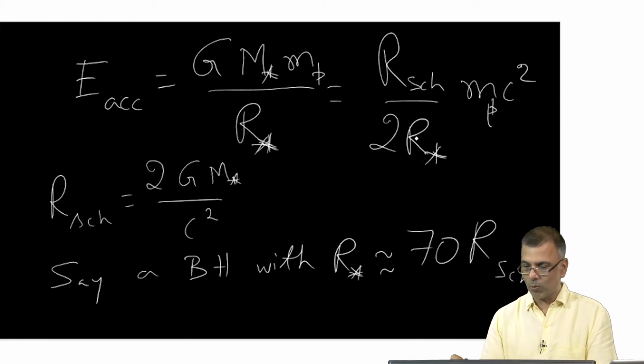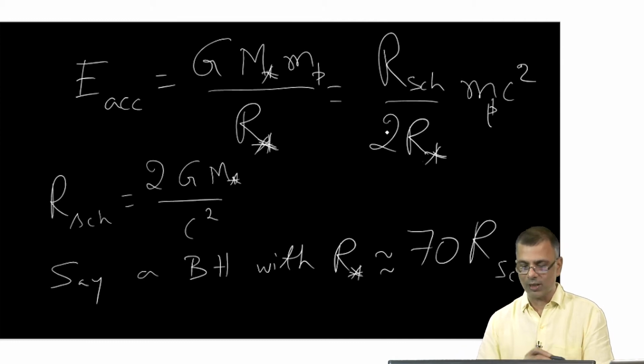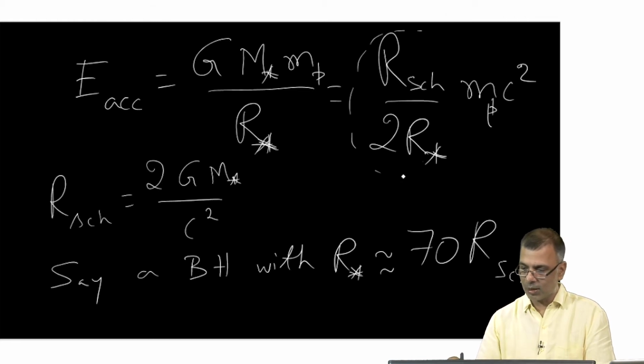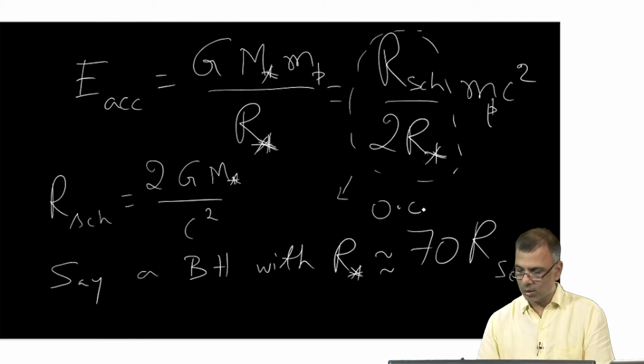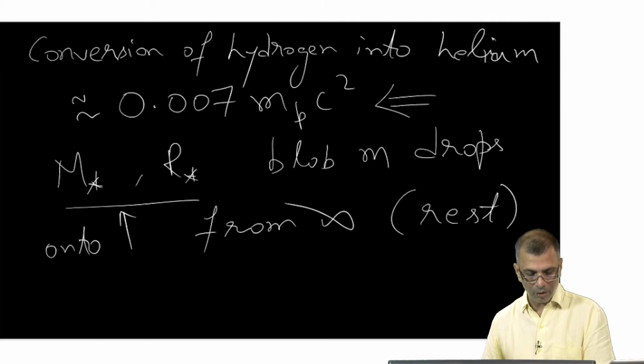So this would be 1 over 70, so this would become essentially 1 over 140, say 1 over 100. If it is 1 over 100, this is something like 0.01. So compare this 0.01 with 0.007. It is already more efficient than a nuclear conversion of hydrogen into helium.